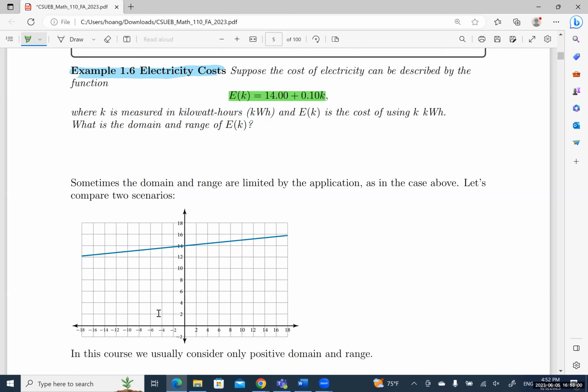And E of K is the cost of using K kilowatts, right? Using K kilowatts. So let me see here to make sure you don't mess up with that. And we want to ask what is the domain and range of E of K.